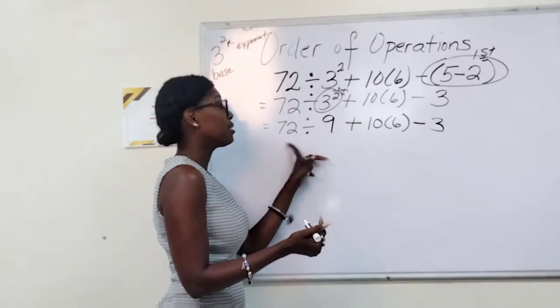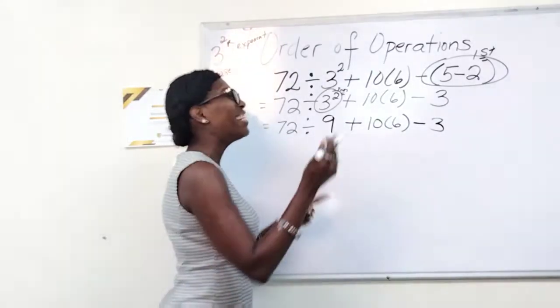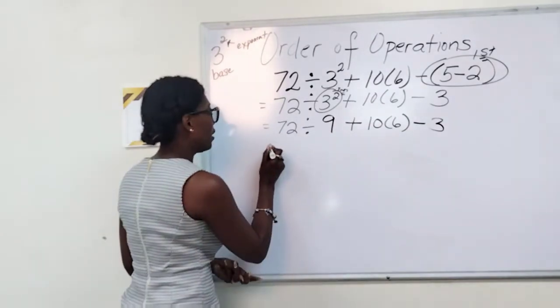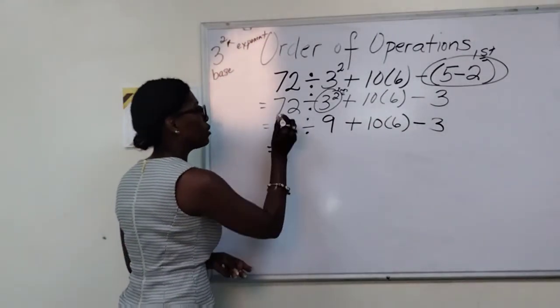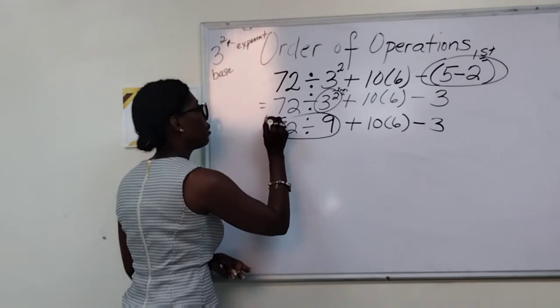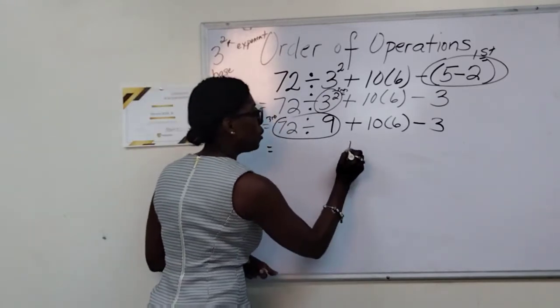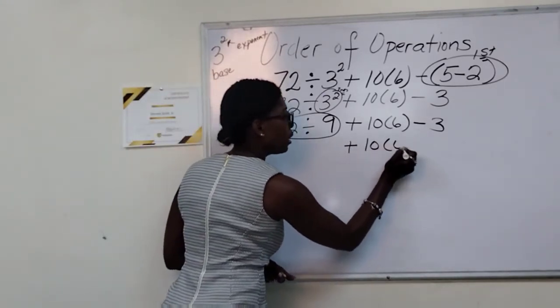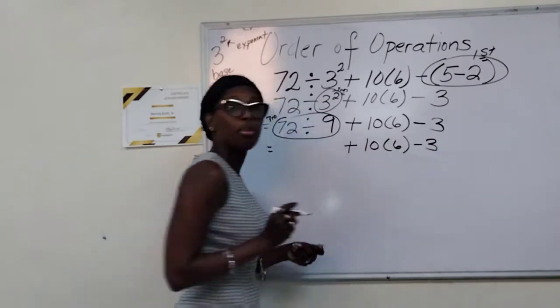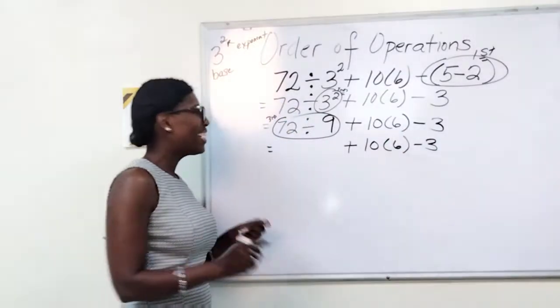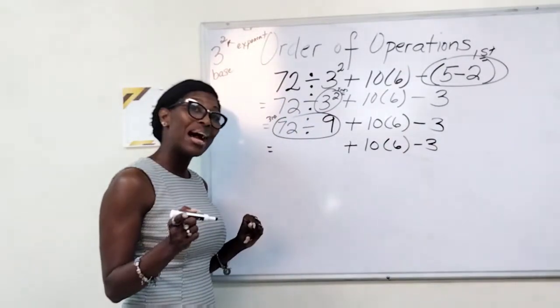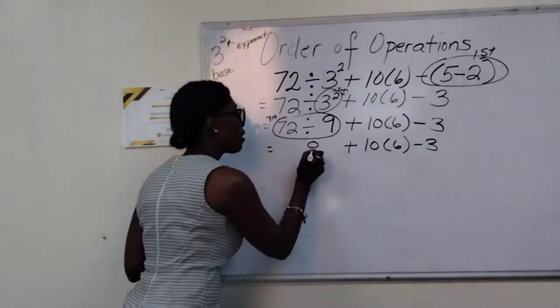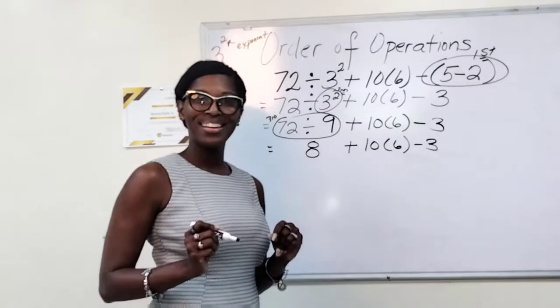So we're going to do this next, but again, to keep yourself in order, bring everything down except this because we know that that's third. Just to keep your problem in order because this is a huge problem. Okay. 72 divided by 9 is 8. Oh, we're moving right along.